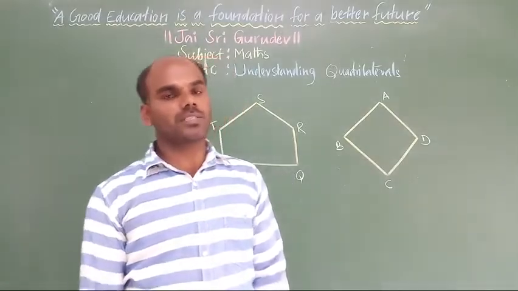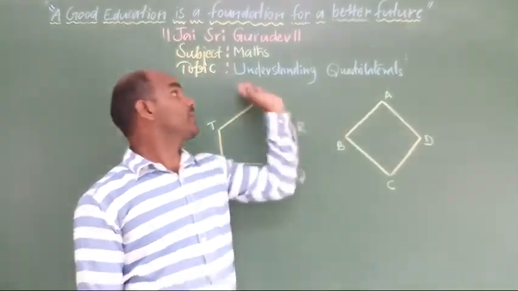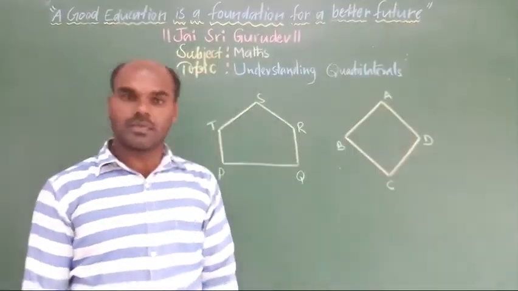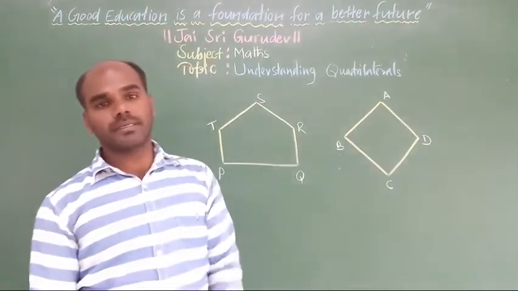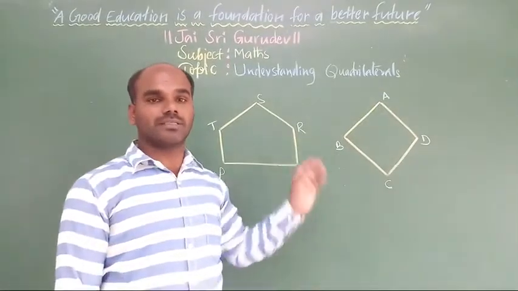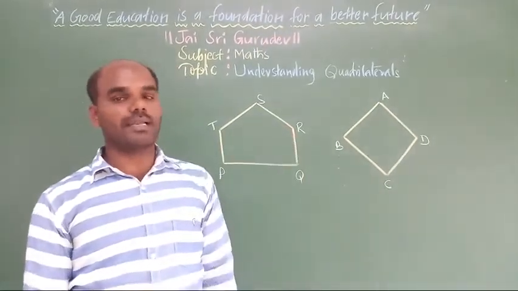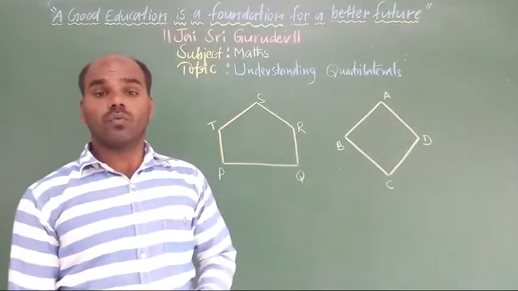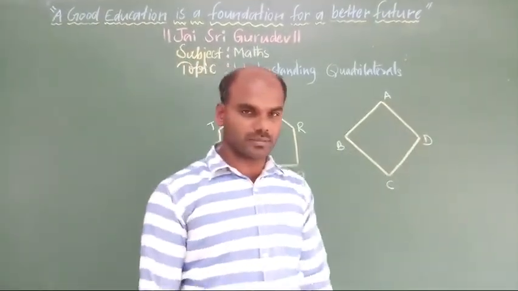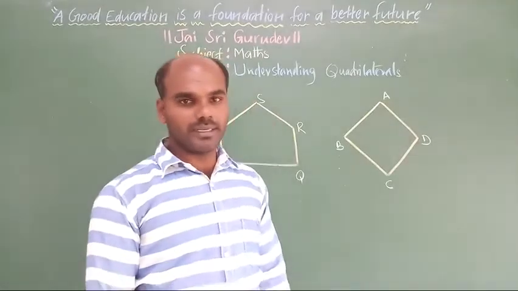Dear children, in this class we will be discussing the understanding qualities of the revision classes. You must remember that the sum of the three angles of a triangle is 180 degrees, and the sum of the four angles of a quadrilateral is how many degrees, children? 360 degrees.